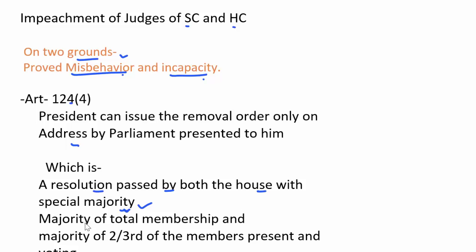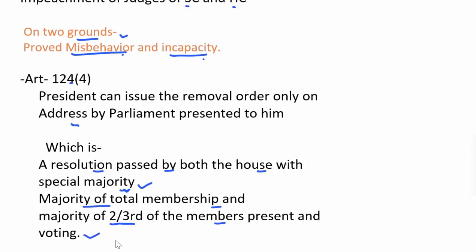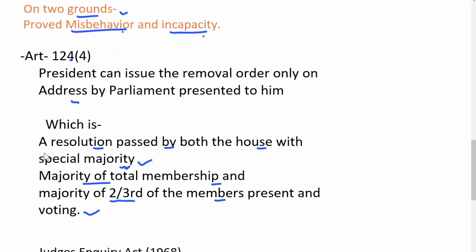The special majority is majority of total membership and majority of 2/3 of the members present and voting. So this kind of special majority is required for the removal of the Supreme Court or High Court judge, while for the removal of the president, majority of 2/3 members of both the Houses is required.